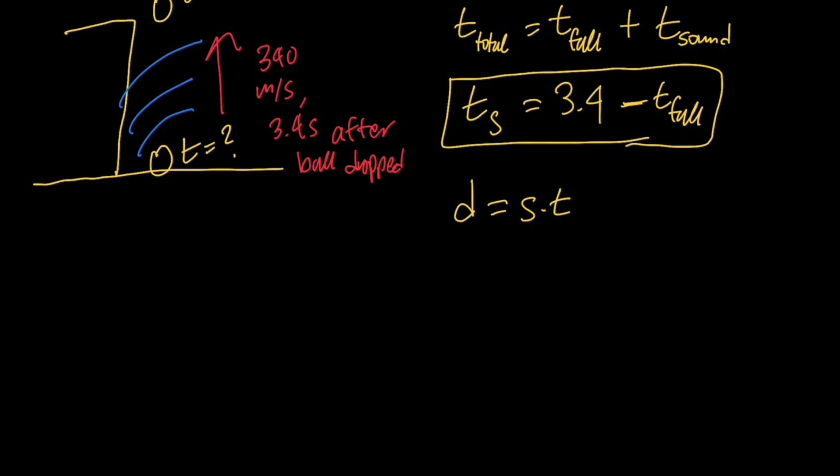So if we can solve for Ts, and we already have the speed of sound, which is 340 meters per second, then we can find d, which is the height of the cliff, or more specifically, the distance that the sound wave travels back up. But first, we need to find the time for the ball to hit the floor.